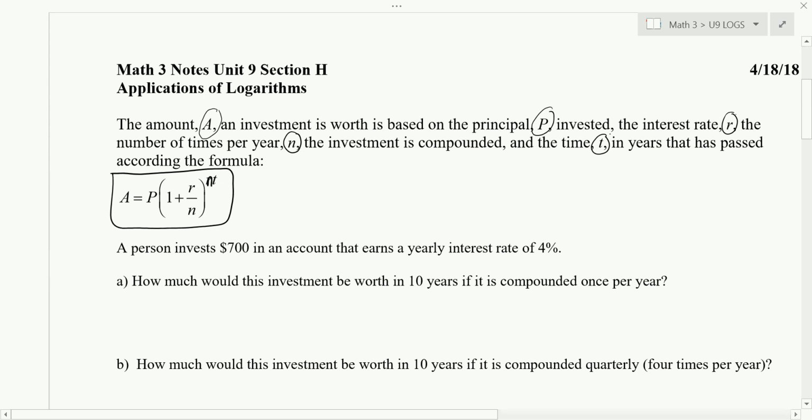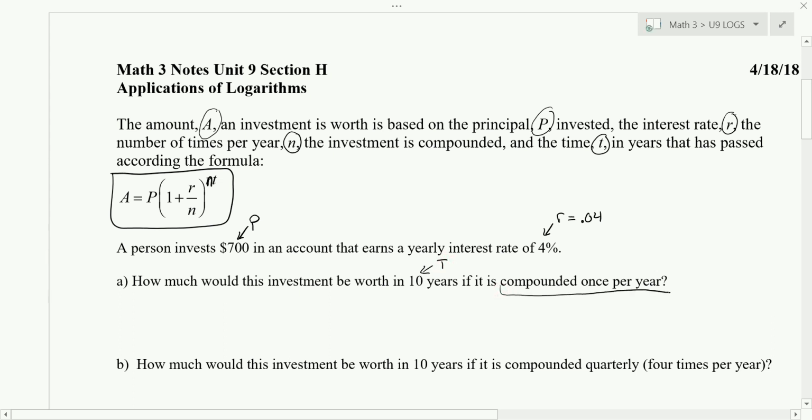In our first example, a person invests $700 into an account that earns a yearly interest rate of 4%. If I'm going to use this formula, 700 would be what variable? P, that's your principal. 4% is your rate, and you always have to change it into a decimal. So 4% becomes 0.04. 10 years is the time, in years, that's T. And it says it's compounded once per year.